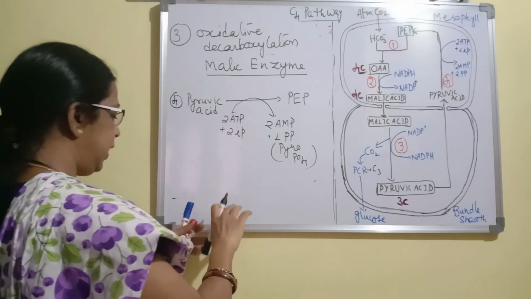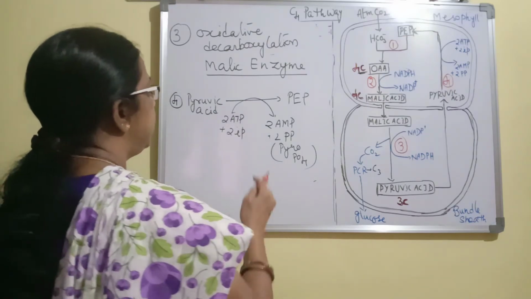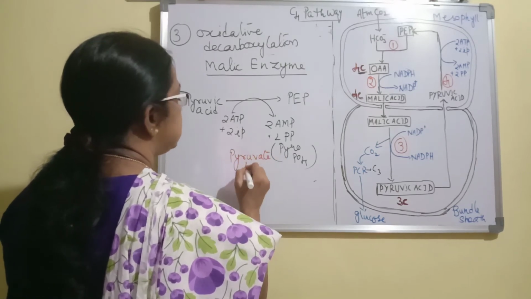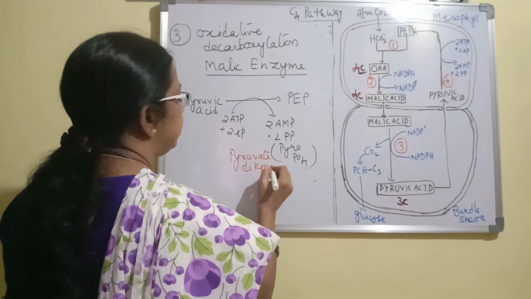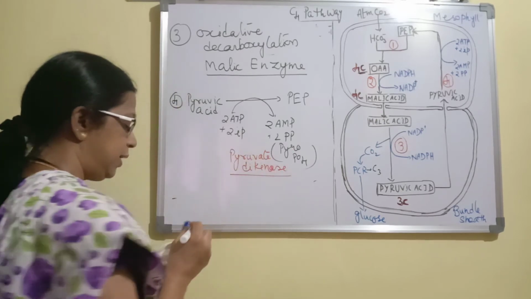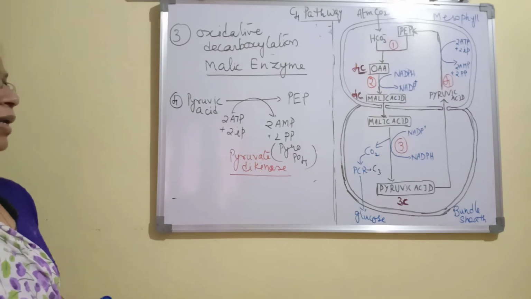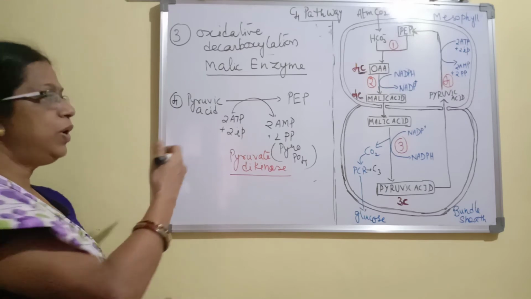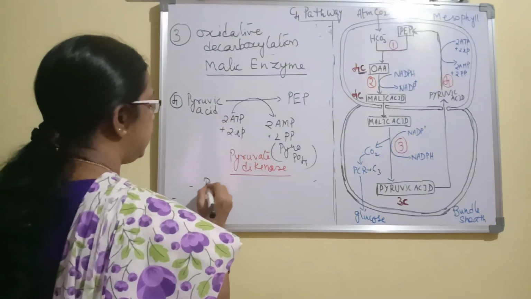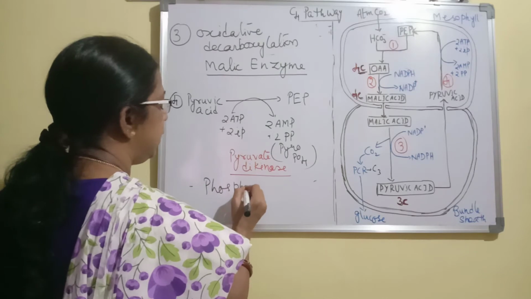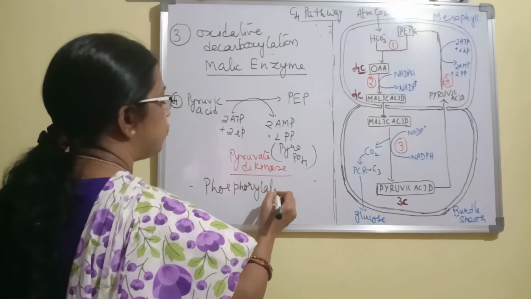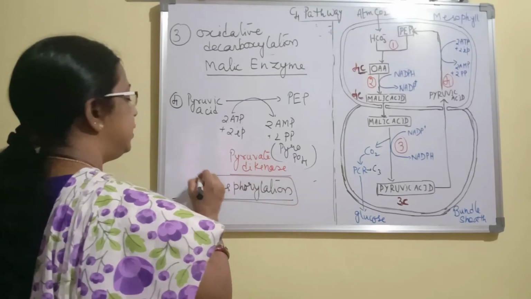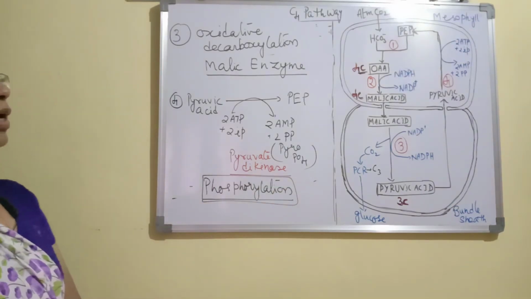The enzyme required is pyruvate dikinase. Here there is a phosphorylation, addition of phosphate, so we can name the reaction as a phosphorylation reaction. For phosphorylation, there is a requirement of additional ATP.